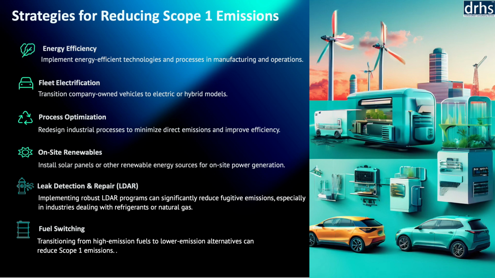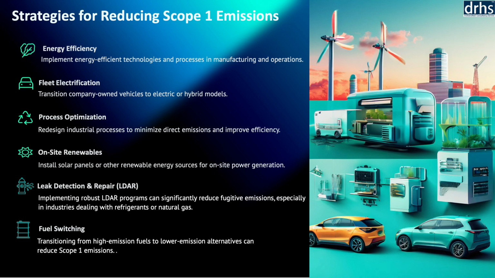The International Renewable Energy Agency highlights that fuel switching, particularly to renewable and low carbon option, is crucial for achieving decarbonization in energy intensive sectors. Lastly, the World Resource Institute suggests fuel switching, particularly to renewable or low carbon fuel, can be an effective strategy for reducing scope 1 emission.